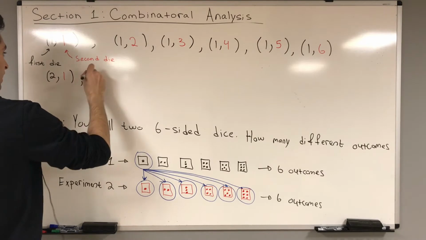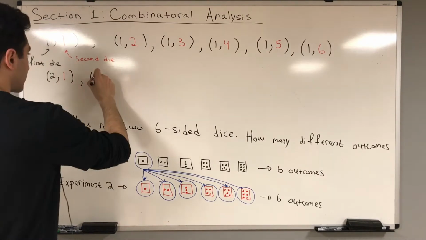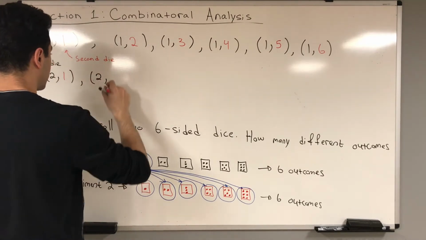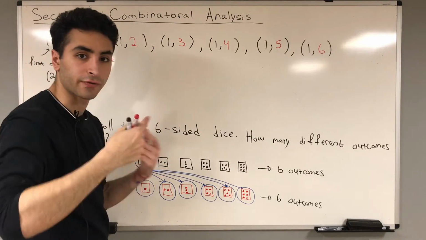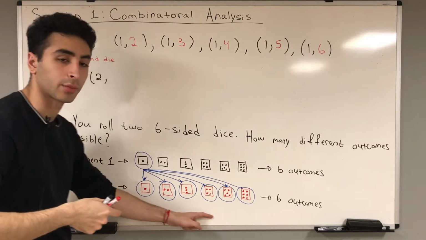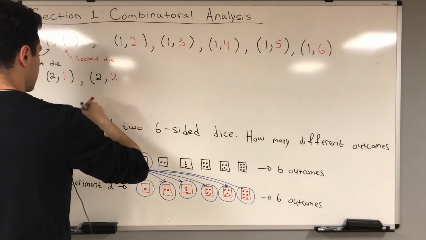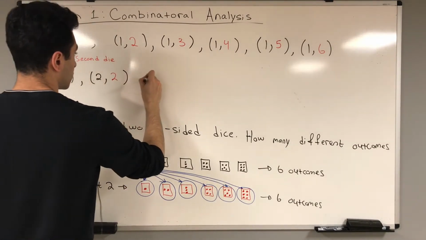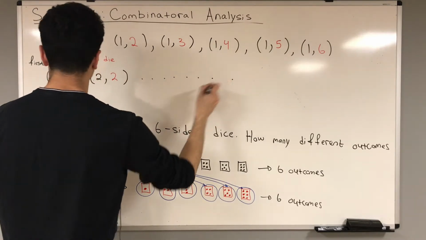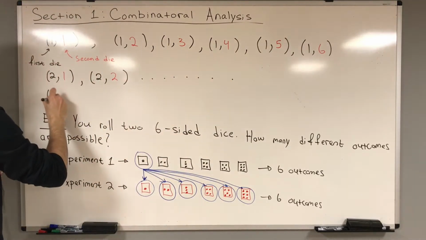So for every 2 you get on your first die, you can get a different outcome on your second die. So if you just repeat the process, you see the pattern. And then you continue for the 3, right?